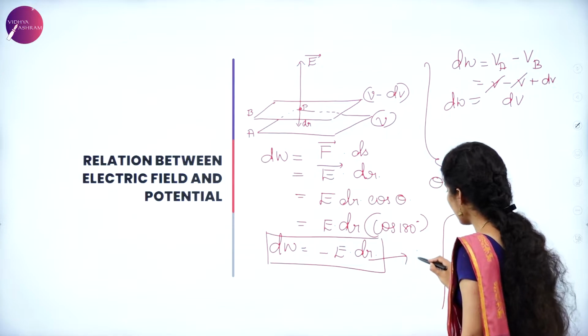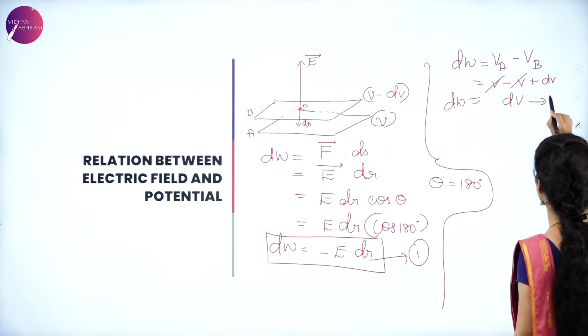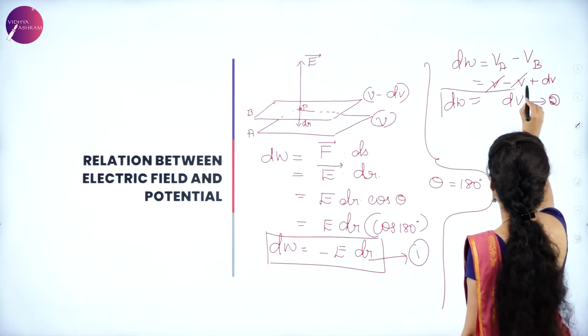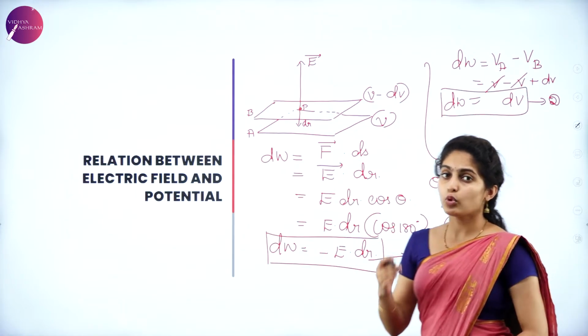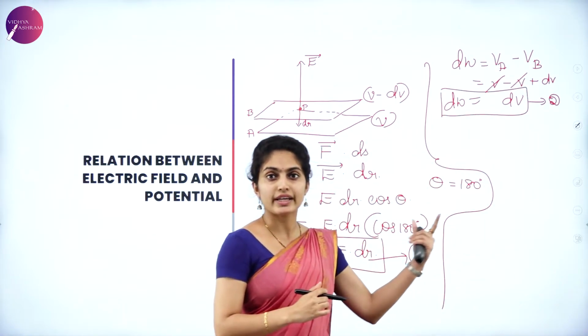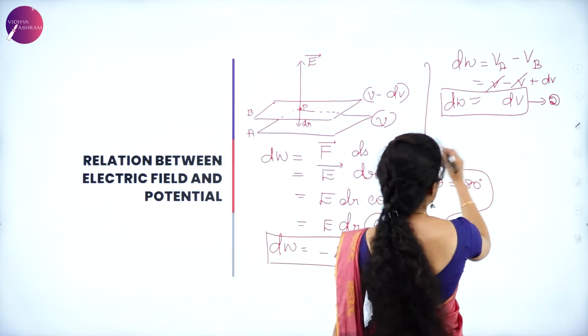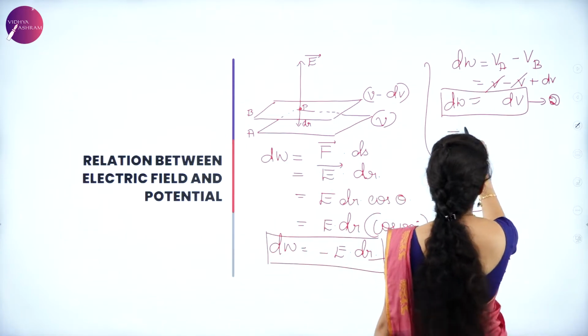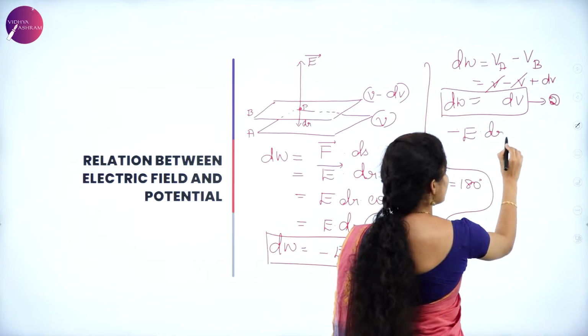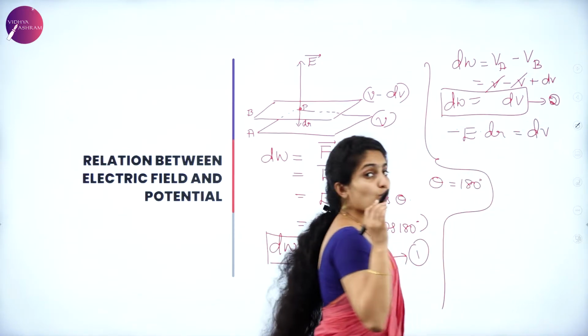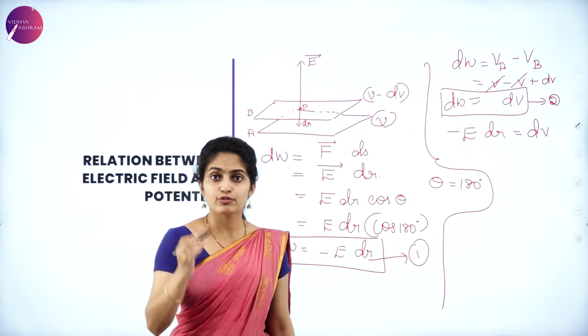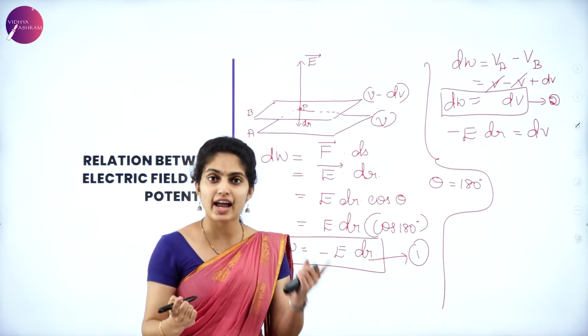So this can be called as equation 1 and this can be called as equation 2. Now you will have to work on both equation 1 and 2, equating 1 and 2, you have minus E into dr is equal to dV. So what was our question? We have to relate between electric field and potential.